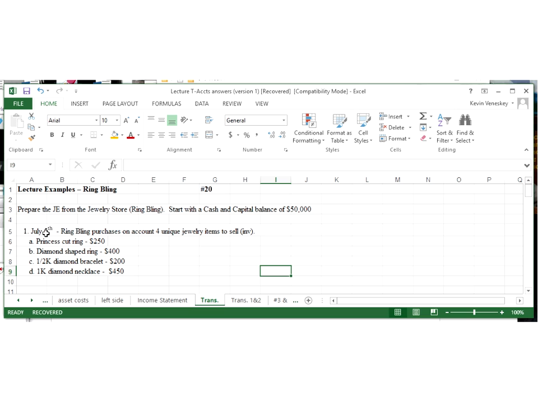But our first entry on July 5th is we're buying, as a ring store or a jewelry store, 4 different pieces of jewelry. So these are all going to be ready to resell. And so what I want to do is simply record this journal entry, but also keep each one of these separate off to the side, like a little sheet that tells me how much each of them cost individually.